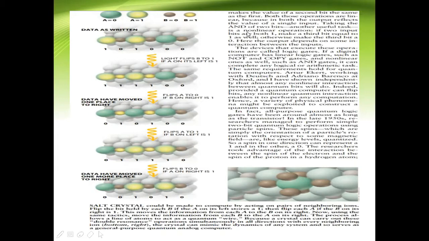Taking the AND of two bits is another useful task, a non-linear operation: if two input bits are both 1, make a third bit equal to 1 as well. Otherwise make the third bit a 0. So here the output depends on some interaction between the inputs. Input is given in the form of light. The devices that execute these operations are called logic gates.